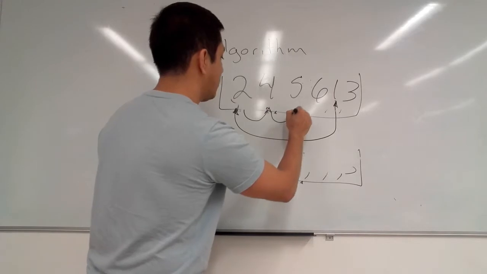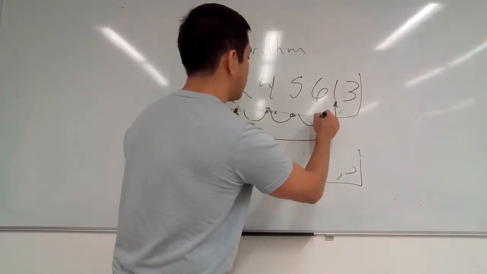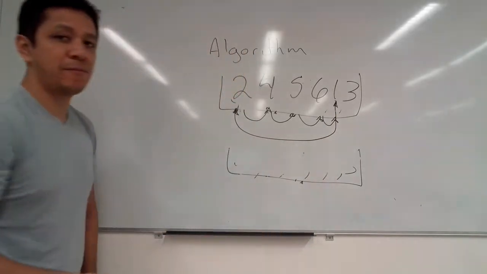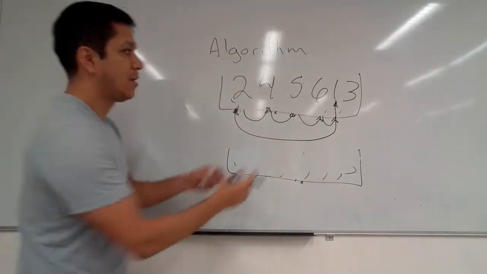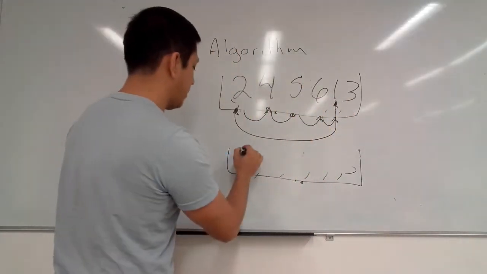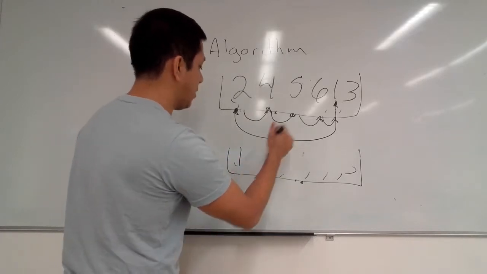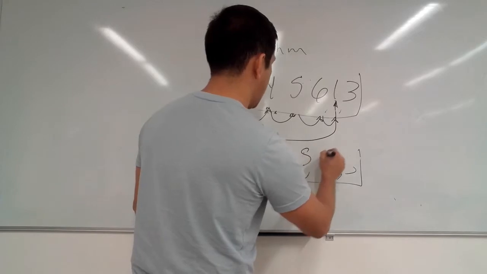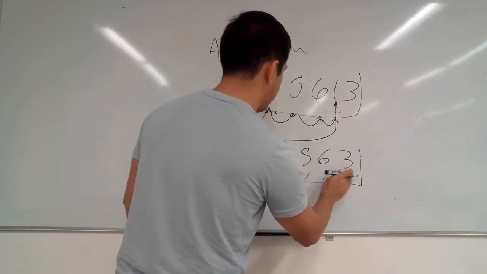The number 4 will occupy this section, the 5 will occupy this section, and this will occupy this section. Because the index goes there, the new arrangement will be 1, 2, 4, 5, 6, and 3.